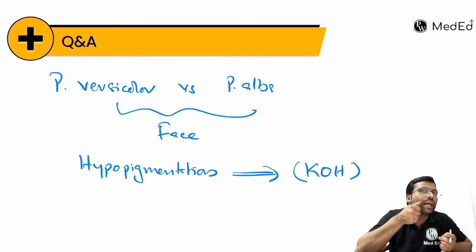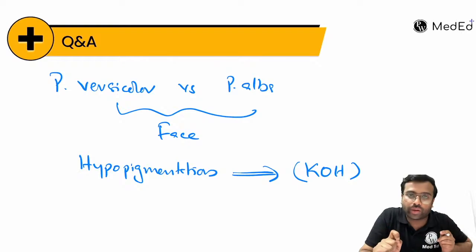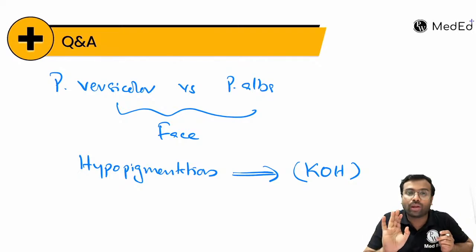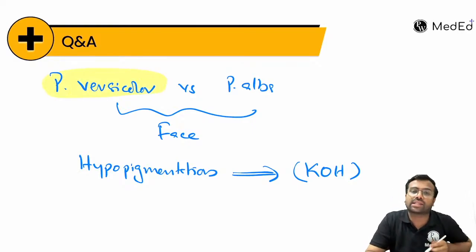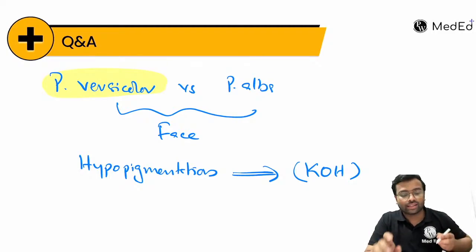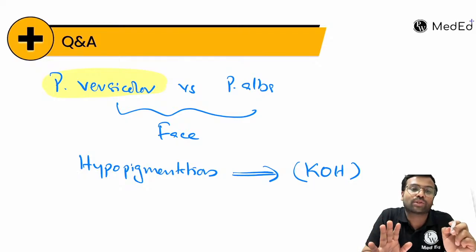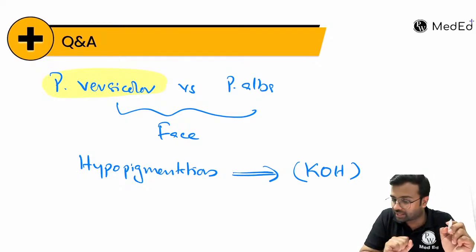When we do a scraping over these lesions in a KOH, the potassium hydroxide test will be positive if there is a fungus. The fungus will be present if it is pityriasis versicolor, because we can see a spaghetti and meatball appearance, whereas there will be no fungus in pityriasis alba. Is that clear, Shiv? Okay.